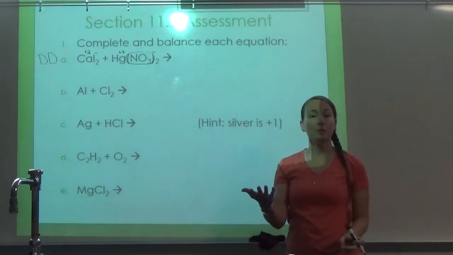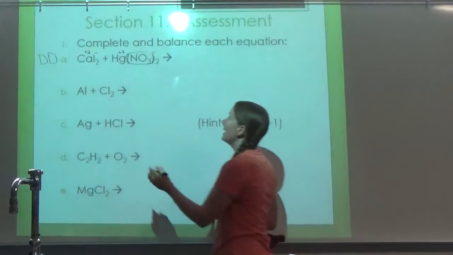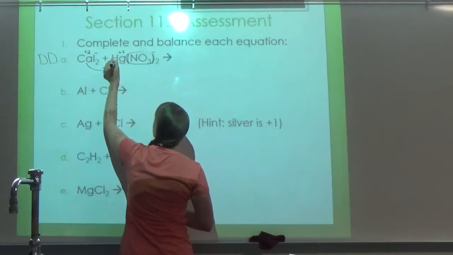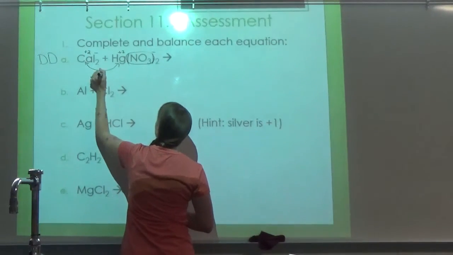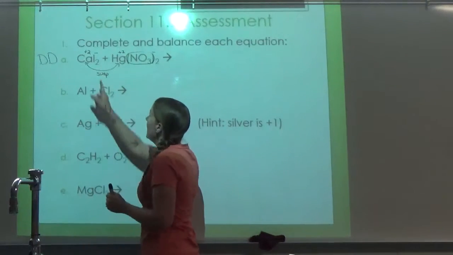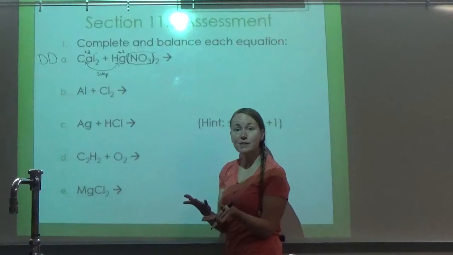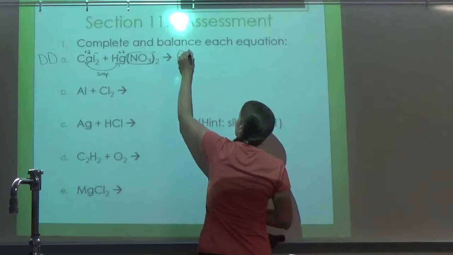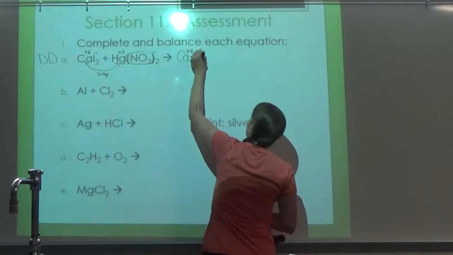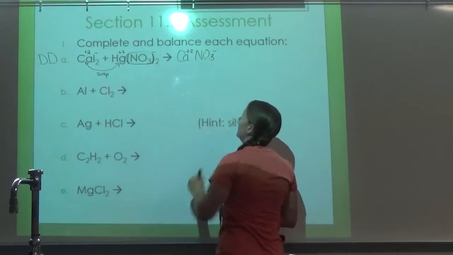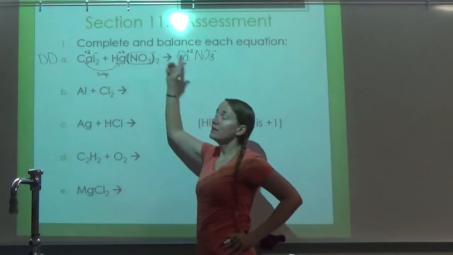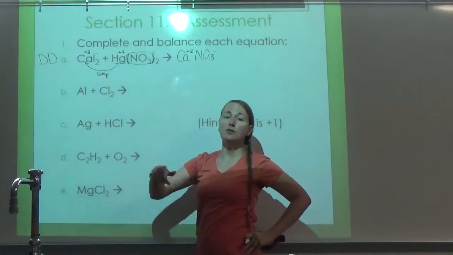All right, so remember, in double displacement, we swap our two positives. So calcium and mercury are going to swap places. So now calcium is going to be with nitrate. I'm going to write calcium first because it's positive. So calcium's positive 2, nitrate's negative 1. So I brought the 3 over because being nitrate means NO3.